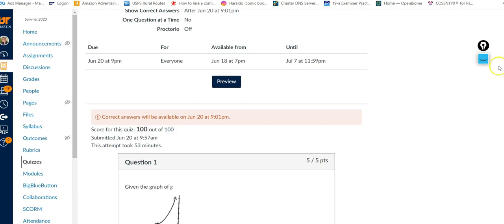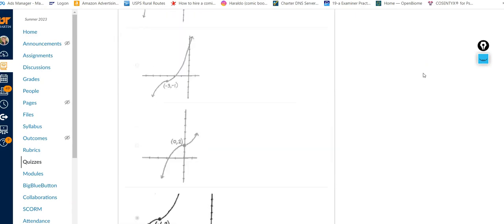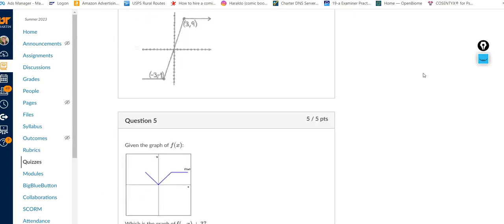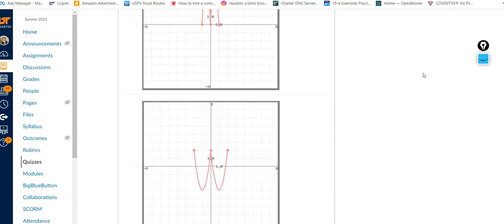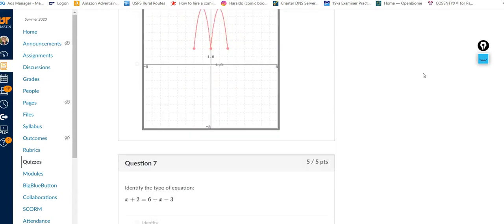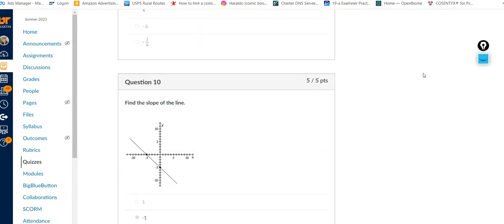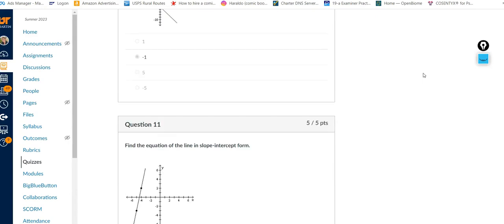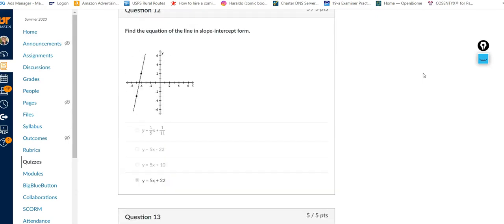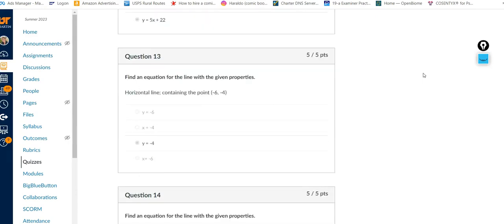Okay. All right. So you can see my score is 100, so I made sure I got everything right. The only issue I see is that in my test bank, I did get a question repeated. So question 11 and question 12 in my test bank were repeated.